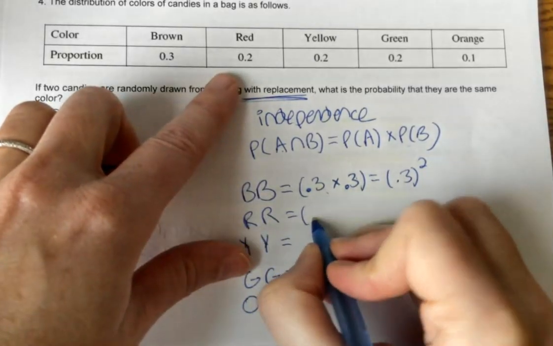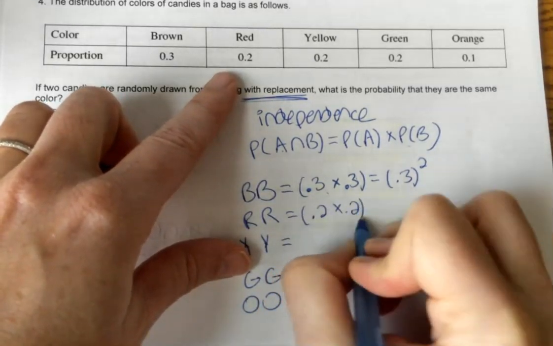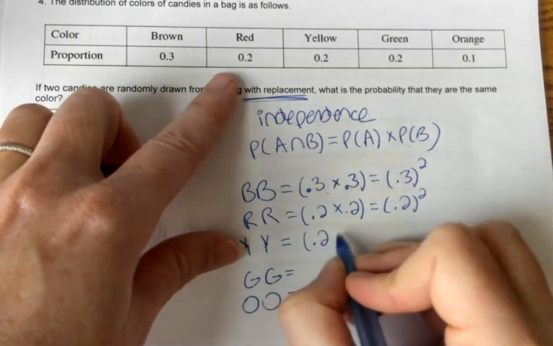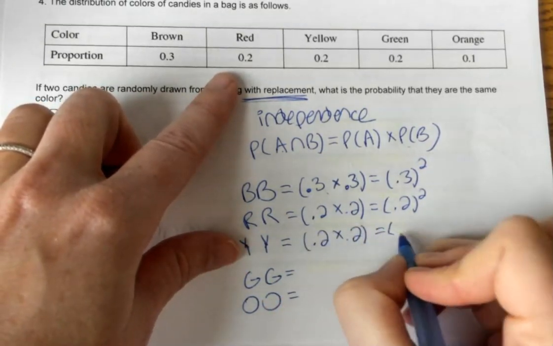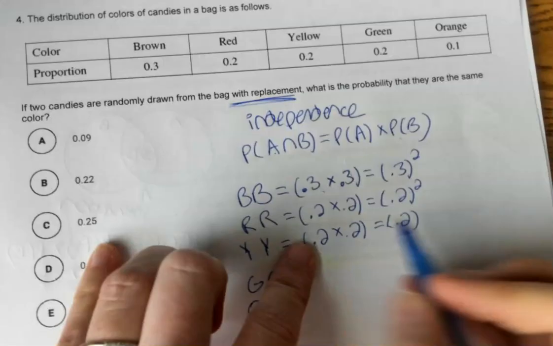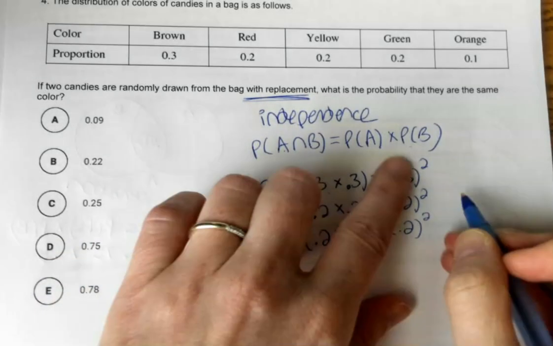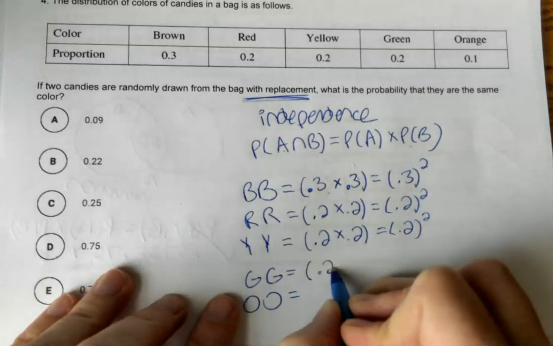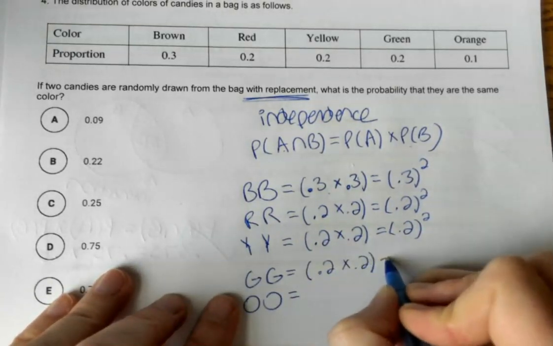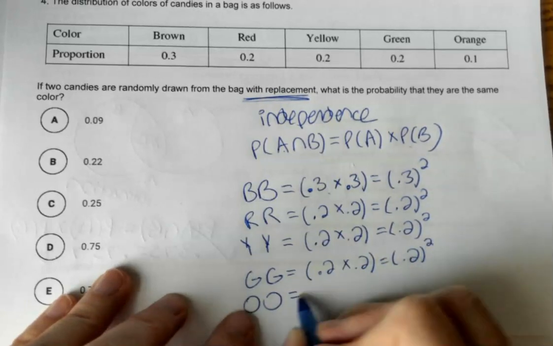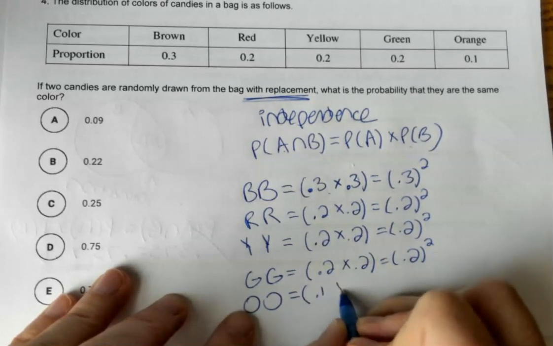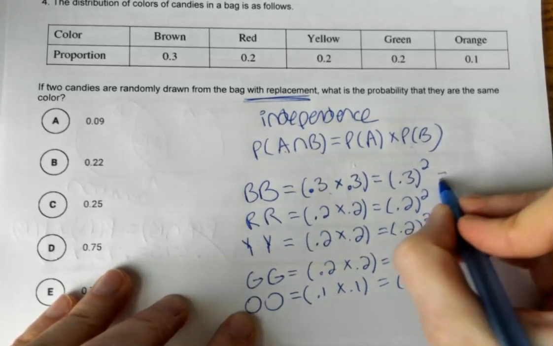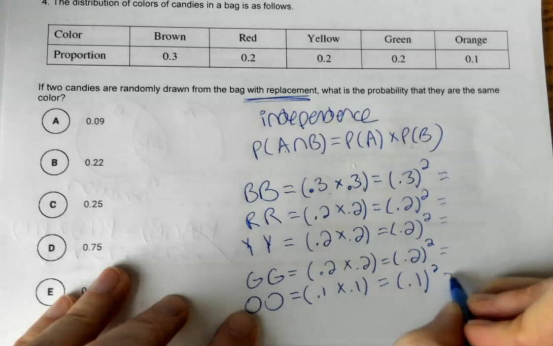Same with these. Red is going to be 0.2 times 0.2. Same with yellow. And I'm writing it out like this so you can see where I got the squared, the exponent of 2, because we're multiplying a number times itself. All right, let's figure out what these are.